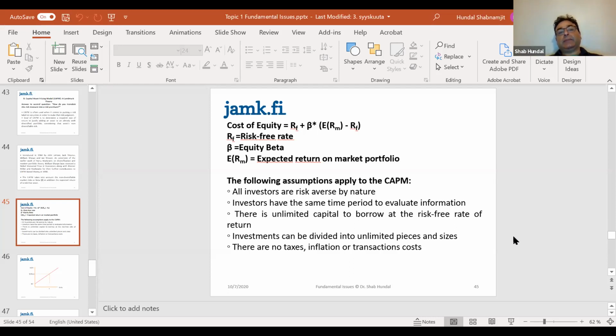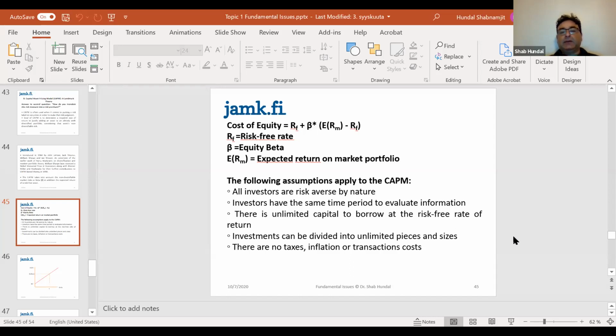Because this money is coming from the people's small savings, the fund managers are also under pressure not to take a huge amount of risk, because otherwise, if they make some mistake, then investors lose a tremendous amount of money, and then the public backlash or the regulatory noose around the neck could be very tight. So this is why we see that most of the investors are risk averse by nature, but I don't see this assumption creating much problem in reality. So this is a fairly acceptable assumption.